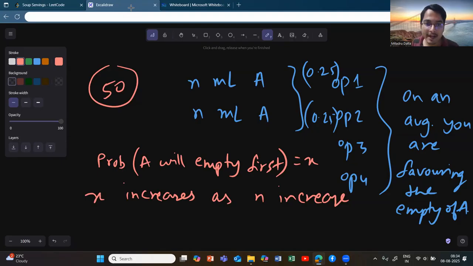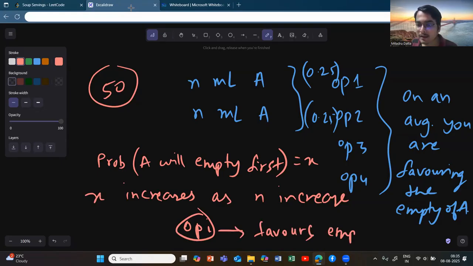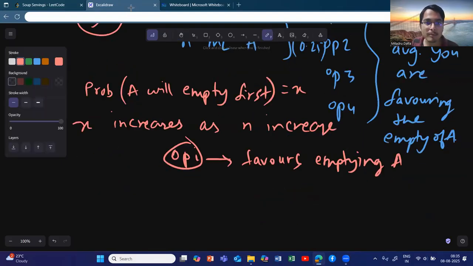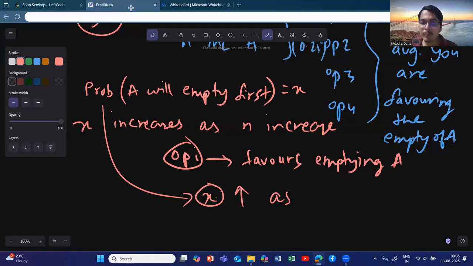On an average, let's say you are performing an operation OP of i, which may be 1, 2, 3, 4. This favors the emptying of A. Therefore I can say that the probability that A will empty first, this value X, increases as you perform more operations.